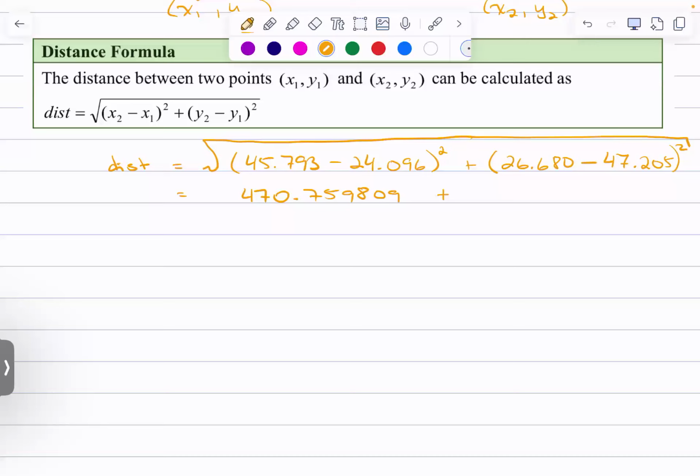Just go all the way. 26.68 minus 47.205, squared, drops the negative, right? 421.275625. And then don't forget that square root.